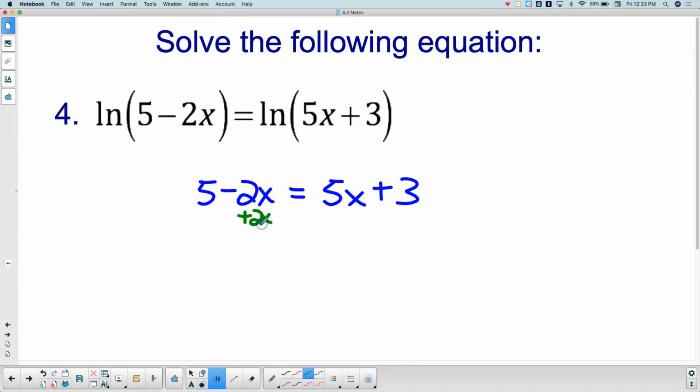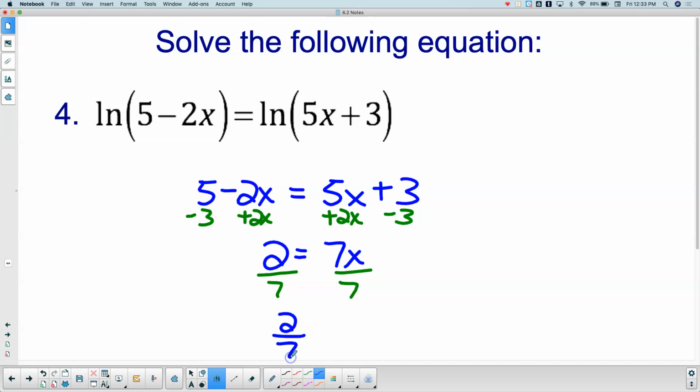Let's add 2x. Subtract 3. Oh, 5 minus 4/7 is 4 3/7.